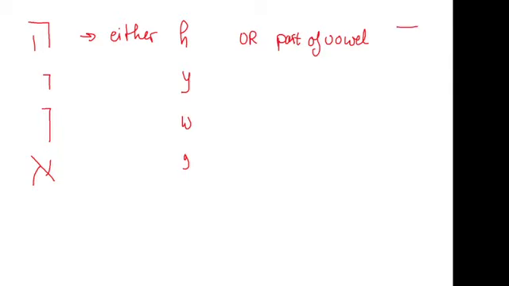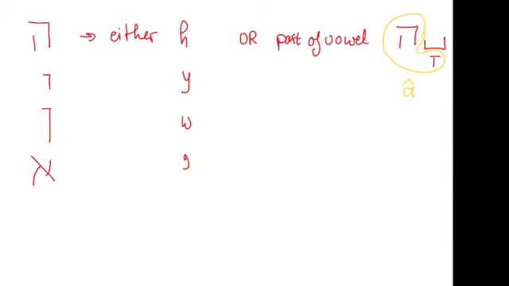If you would have the H with the kamets, like this, then this combination, pay attention, the H together with the kamets, is just an A with a circumflex accent on top of it.